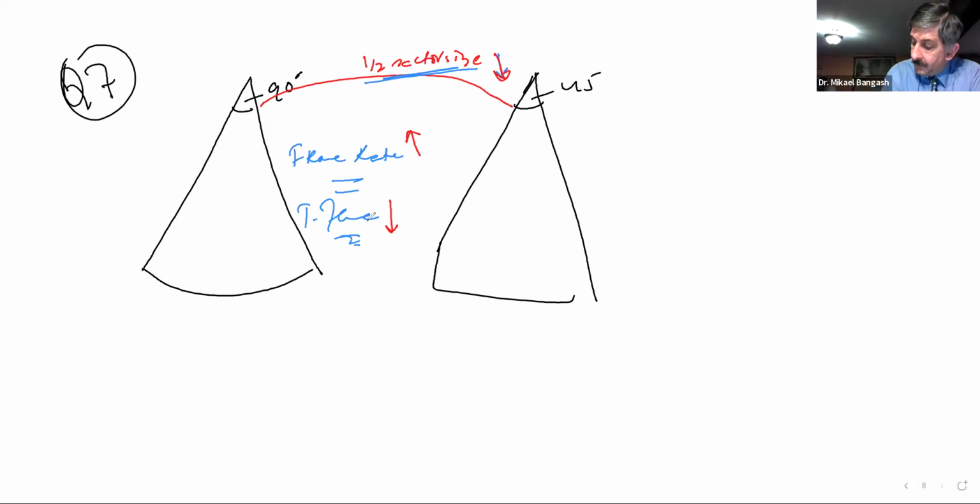Clear? So it's the same concept as we had in question number 5. What we need to look for is any factor that either would have increased the T frame, or on the other hand reduced the frame rate.